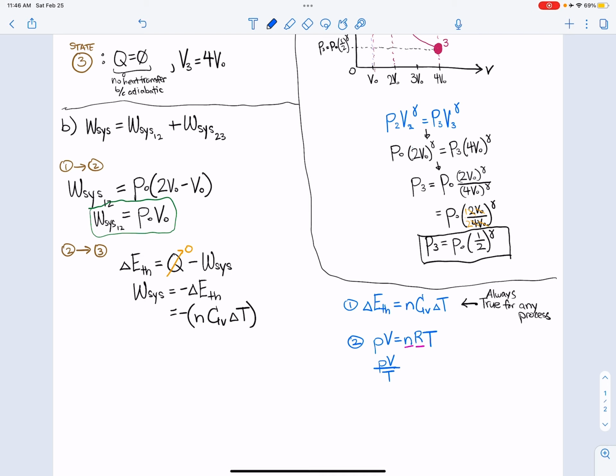So in that case, P2 V2 over T2 is going to equal this constant nR, which is also equal to P3 V3 over T3, right? Because they're always equal. Okay? So that is equal to the constant nR.